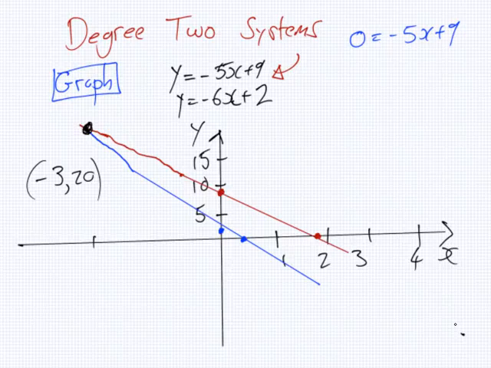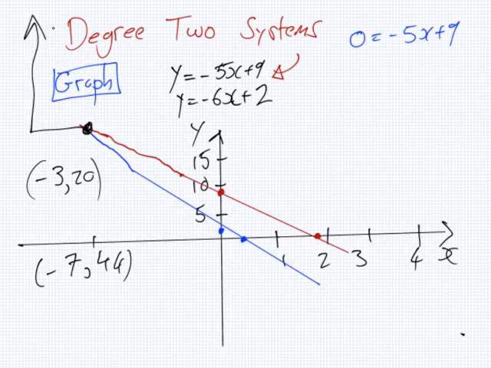I was off a little bit. In fact, the true answer is minus 7, 44. So it's a bit more up there. I was not too bad. It's a little bit off. Go an extra 4 to the left and an extra 20 up.